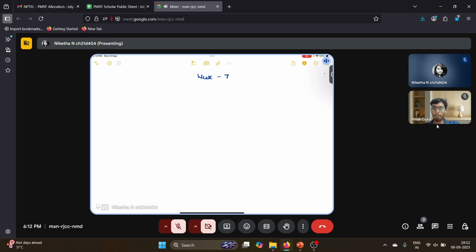So this is week 7, and so far we've seen wastewater treatment. We've seen primary, secondary, and tertiary treatment, and the sequence. So now let's talk about the activated sludge process.